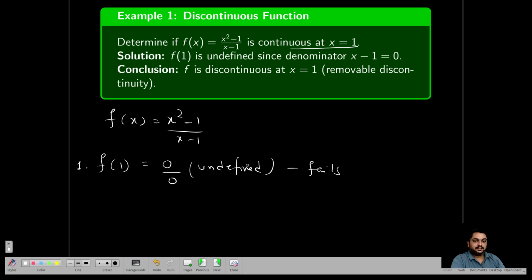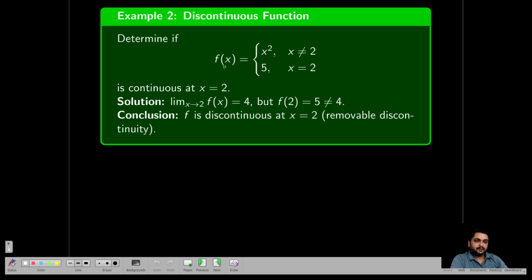So we say this function f of x is discontinuous at x equal to 1. It may be continuous at any other point, but we are testing for only one point, whether it's continuous or discontinuous at this point. So it is discontinuous at x equal to 1.